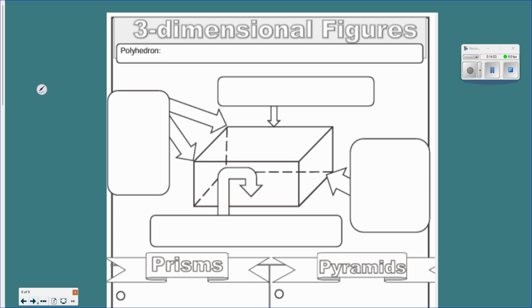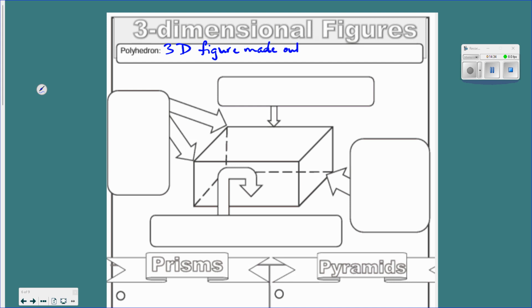The more often you do something, the better it sticks in your head. Even though we just did it in the book, we're still going to do it on this paper. Everybody has their paper. Everybody remember what our definition of a polyhedron was? A 3D figure made out of polygons.